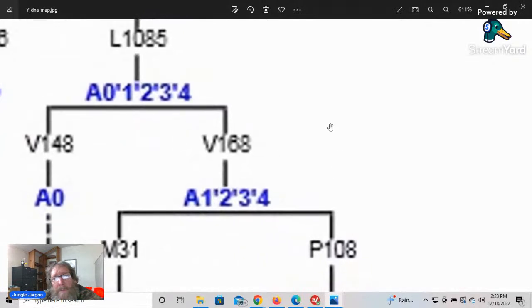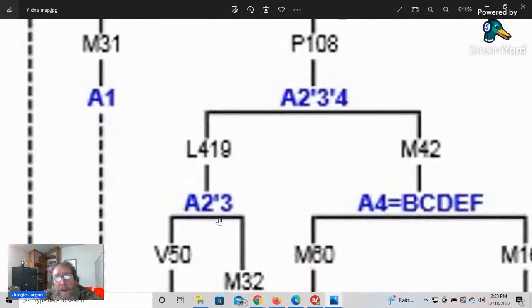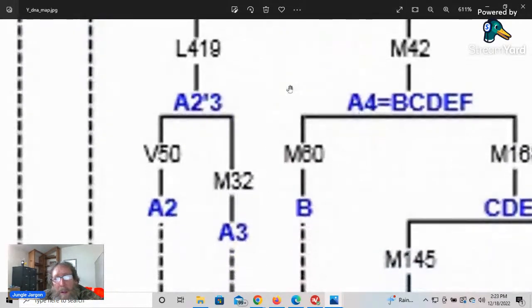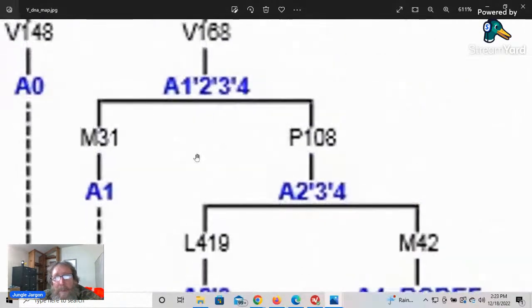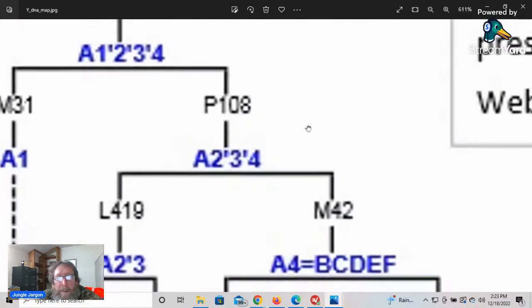But anyways, these are real markers, and this one is shared by A here and this A2 and the A and the B. In other words, the claim is that this marker was gained that everybody shares.